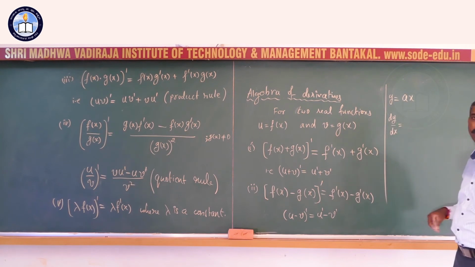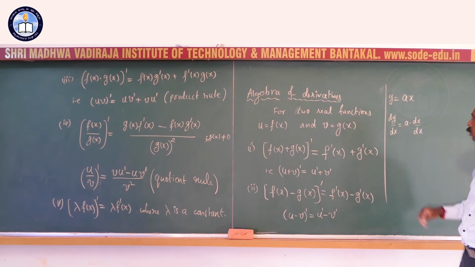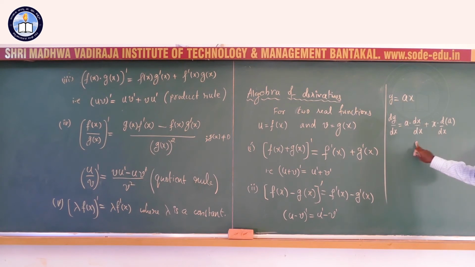dy by dx is equal to first function into derivative of the second, a into d by dx of x, plus second function into derivative of the first, x into d by dx of a. Here d by dx means differentiation with respect to x.